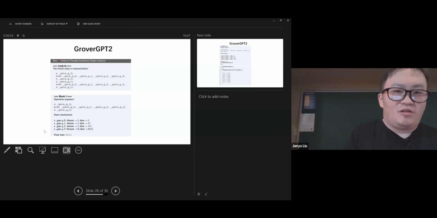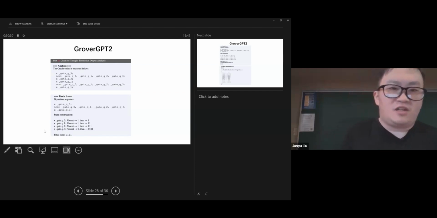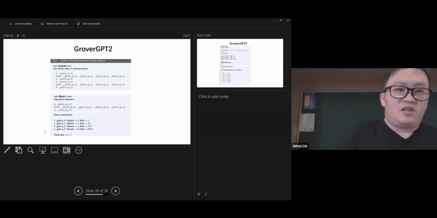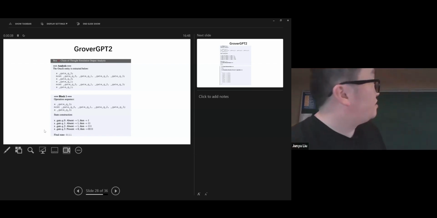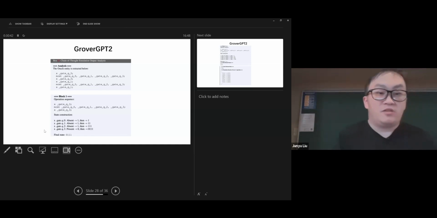To make sure the machine actually understands what it does, we can use COT, chain of thought, to illustrate to the machine what to do in each step. For instance, firstly, the machine identifies where the oracle is in the quantum algorithm.